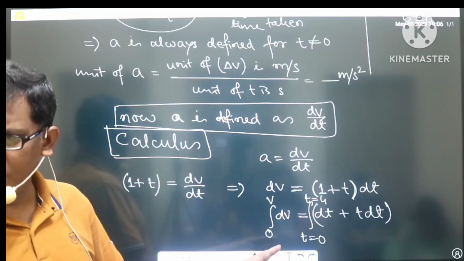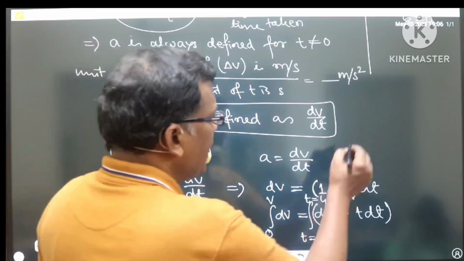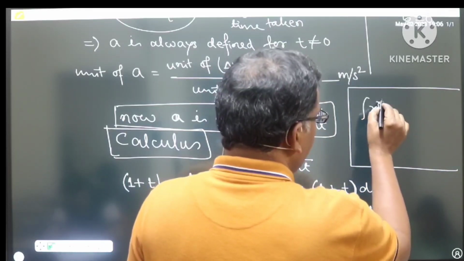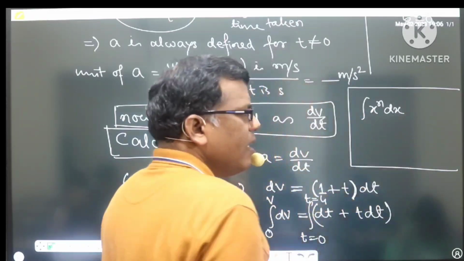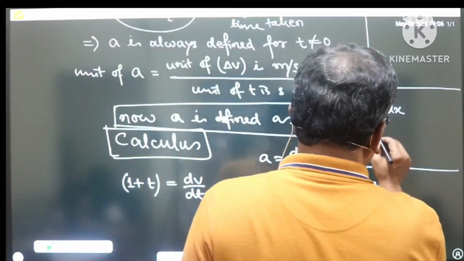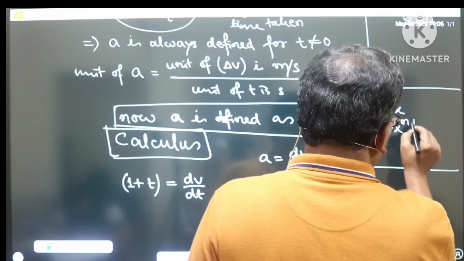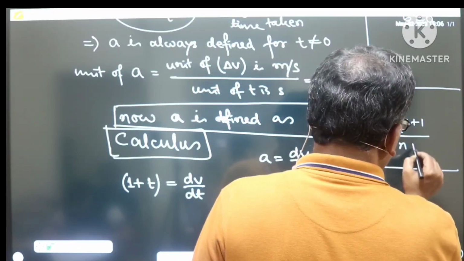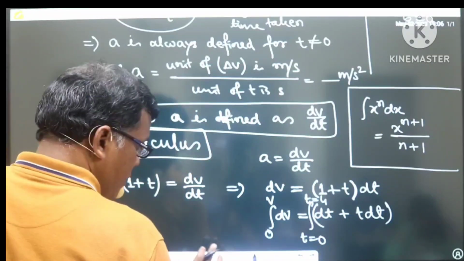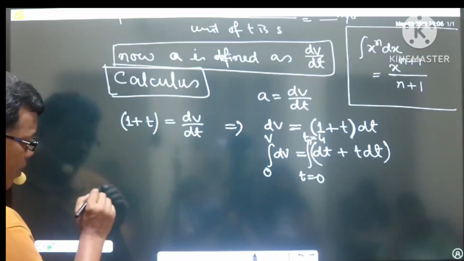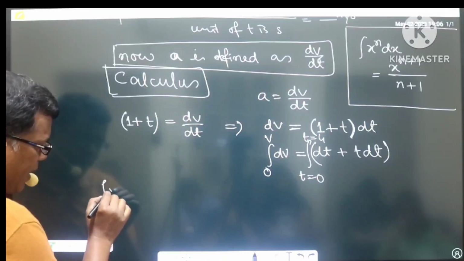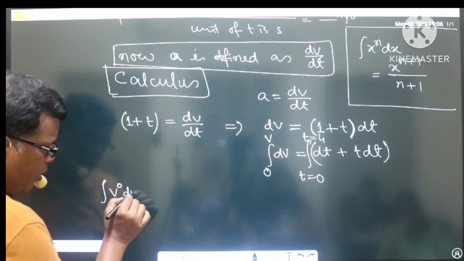So initial velocity I have taken as 0. Now see, integration has a general formula: integration of x to the power n into dx. If there is any algebraic function, x to the power n into dx, its integration result is x to the power n plus 1 divided by n plus 1. So according to this form, the LHS part, which is only dv, to match up with the form, I can write it as v to the power 0 into dv.